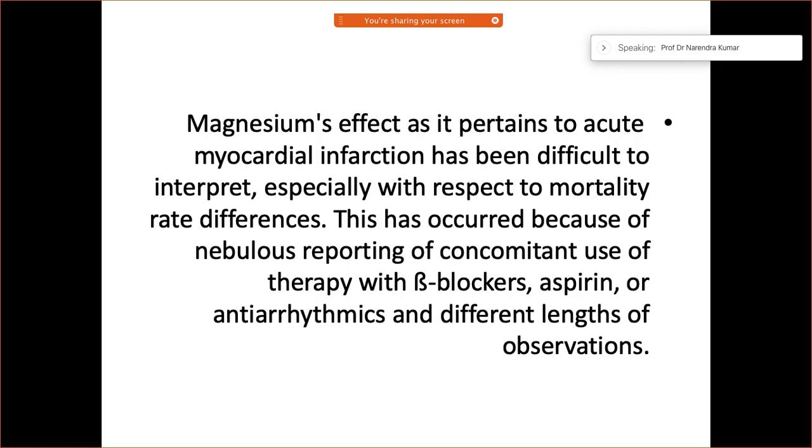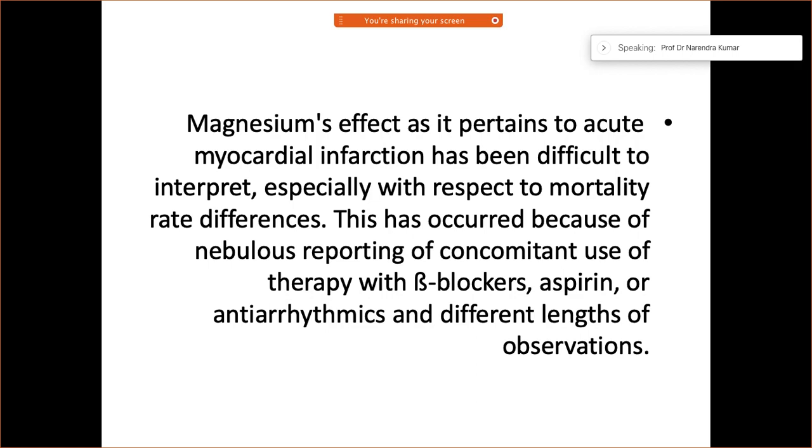So yes, the effect of magnesium, as I already said, has been difficult to see in cases of acute myocardial infarction, especially on tough parameters like whether there are any mortality benefits or not. So that's why it becomes a little bit confusing whether it should be given or not.